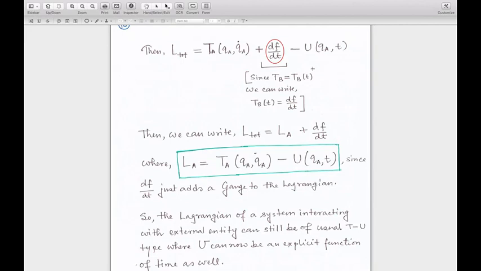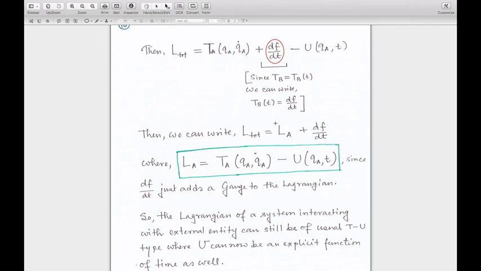It can be claimed as the Lagrangian of the system A only, because it involves only the coordinates and the velocities of the system A and time, plus df/dt.